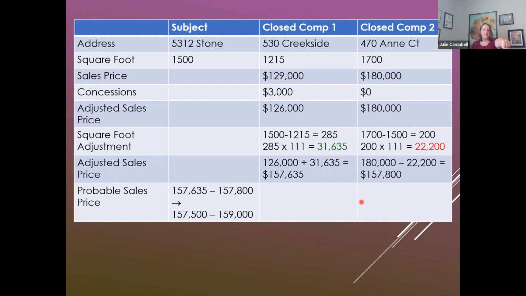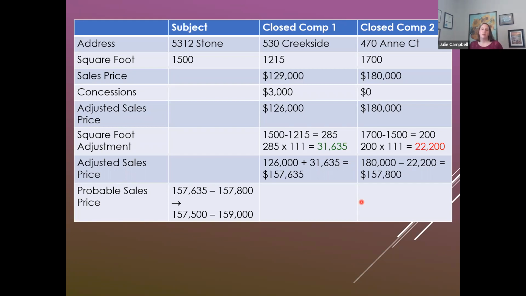Yes. So it is inferior to my subject, right? It has lesser quality, which means now my right hand is down by my side. So how do I adjust my comp to match my subject? I take the cost of the square feet, 111 per square foot, and I add to the sales price. I adjusted my comp to match the subject.